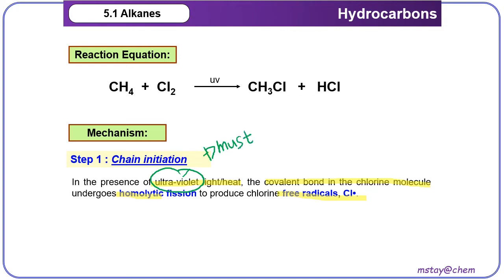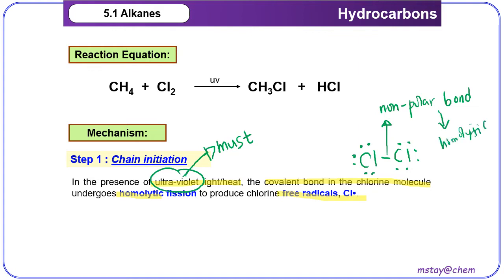There must be the presence of UV, because the chlorine molecule, with the structural formula like this, is a non-polar molecule with a non-polar bond. So this bond will not break down by itself easily. So we need external energy, which is the UV, to break down the bond. Because this is a non-polar bond, if the bond breaks down, it will undergo homolytic cleavage.